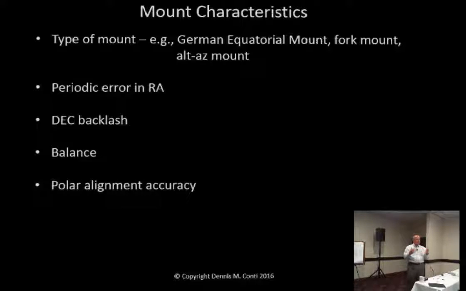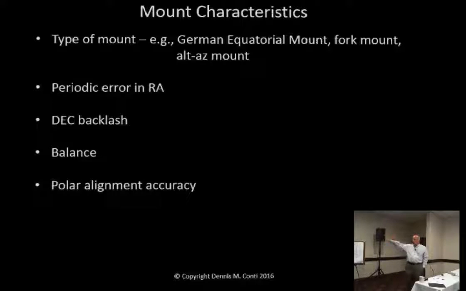And I said they could be 5, 10, 30 seconds. And the response was, well, that's great because I have a very accurate mount. Well, that could be true with respect to periodic error, but if it's not polar aligned, what's going to happen is over time that star is going to drift across the detector. So the point is that even with perfect periodic error, if the mount is not polar aligned correctly, that star is going to drift.